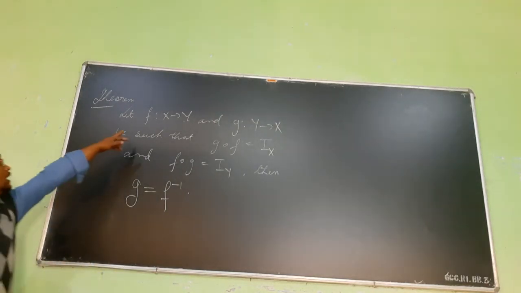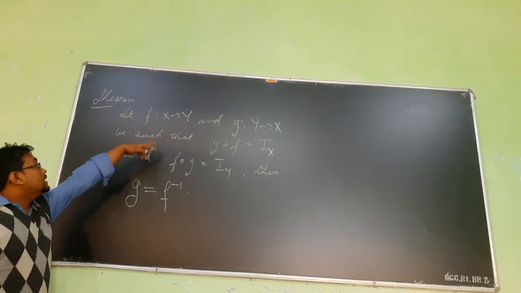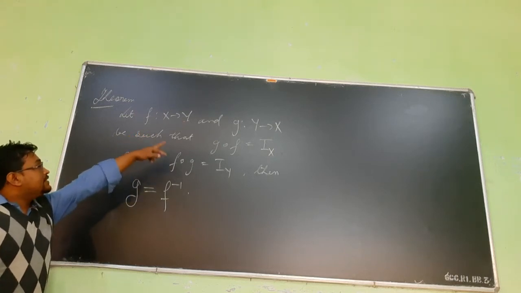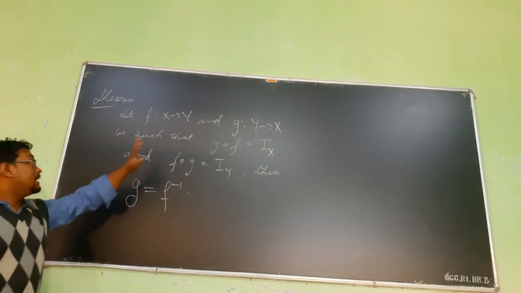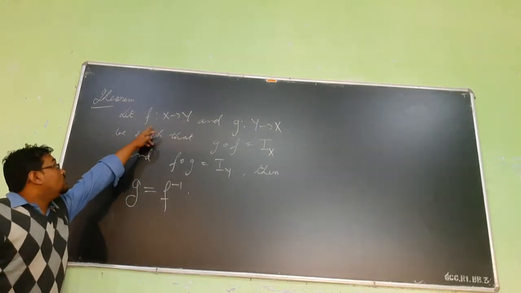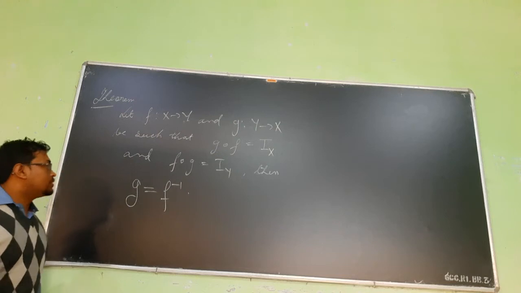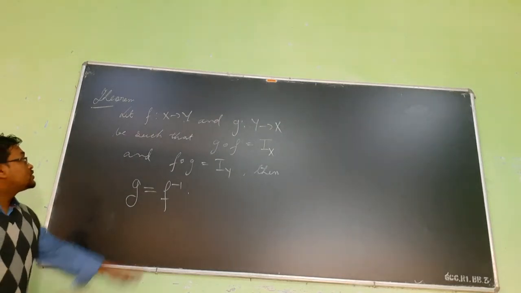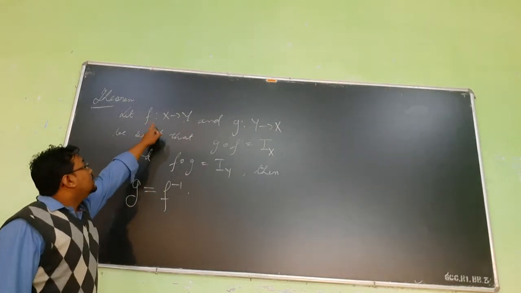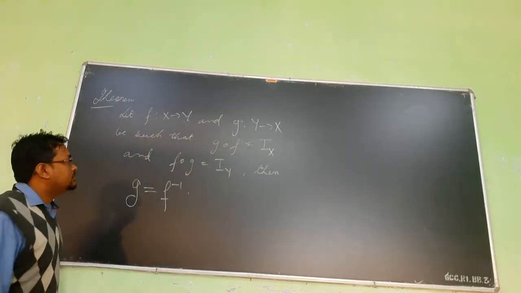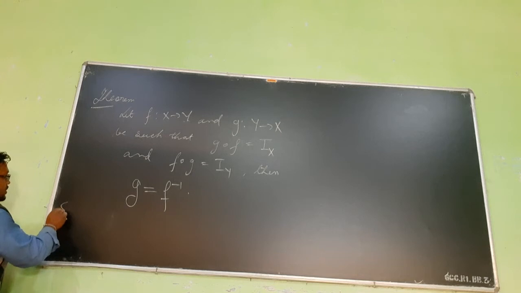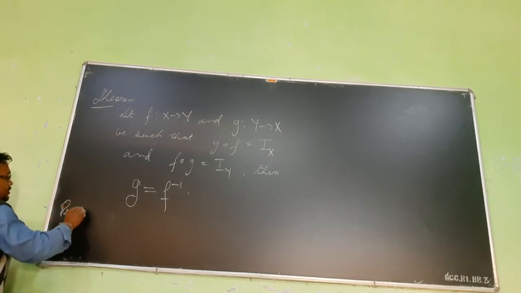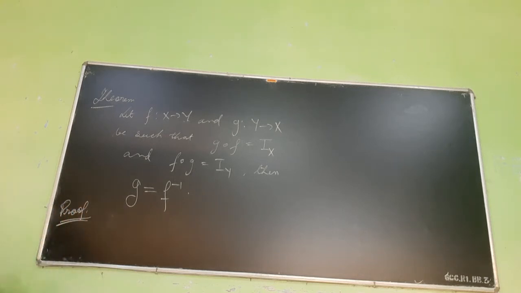See, Ajay, in the hypothesis, it is not given that f and g are bijections. At this stage, I do not know whether f inverse exists or not. So I have to first show that f is a bijection. After that, we can come to this type of conclusion. So in the proof, first we will try to show that f is a bijection.